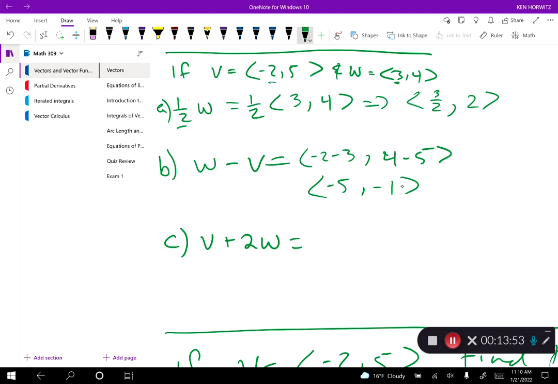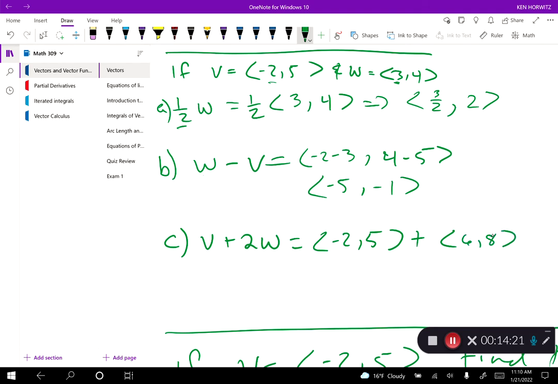All right, now I'm going to try to combine the two. So I'm going to take W and I'm multiplying it times 2. If I look at W, I can multiply it times 2 right away. And I'm going to rewrite the problem, excuse me, using my vectors. So I have <-2, 5>, and I'm adding that to, and instead of writing 2 times <3, 4>, I'm going to write just <6, 8>.